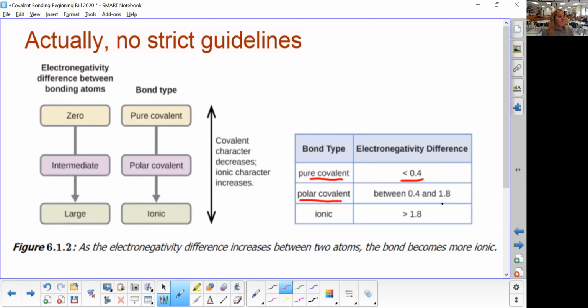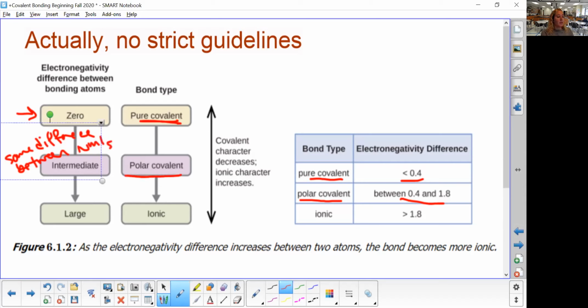So it's more important that you know that if you have no difference, it's a pure covalent bond, a nonpolar covalent bond, shared evenly. If you have any kind of difference, and I would say between non-metal atoms, you're going to have a polar covalent bond.